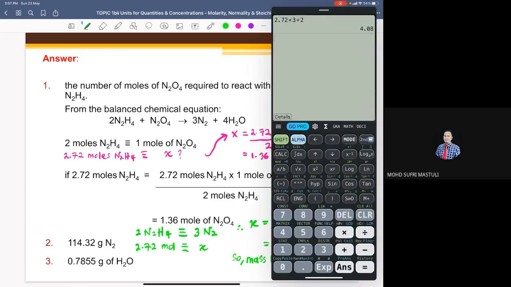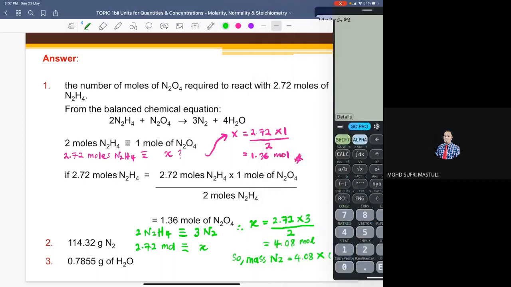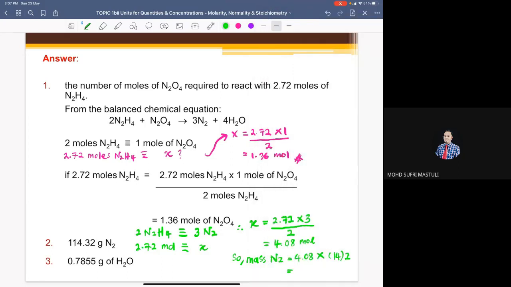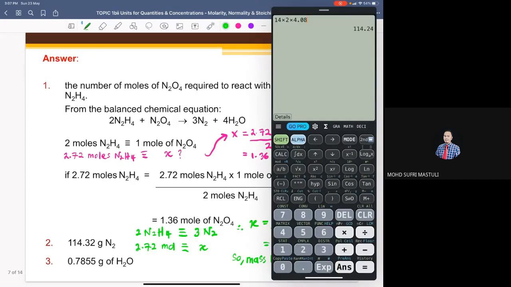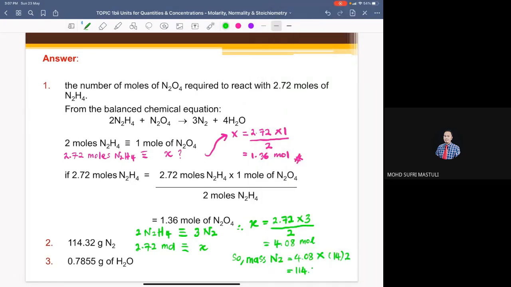So 14 times 2 times 4.08, you obtain 114.24 gram. Okay, so this is similar to this one.